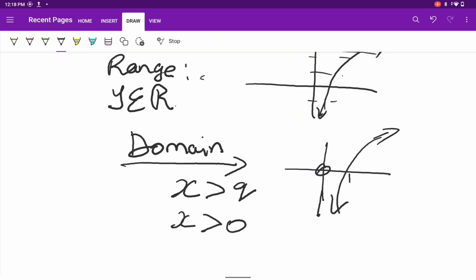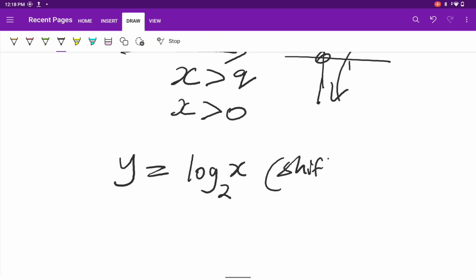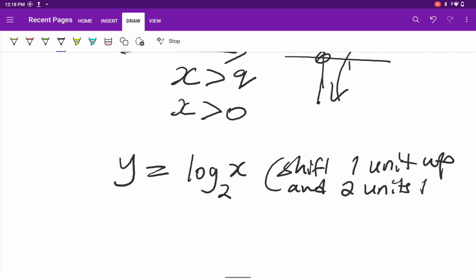We can do our transformations also on logarithms. We can shift the graph. For example, if we have the graph of y equals log x base 2, let's say we want to shift the graph 1 unit up and 2 units to the right.